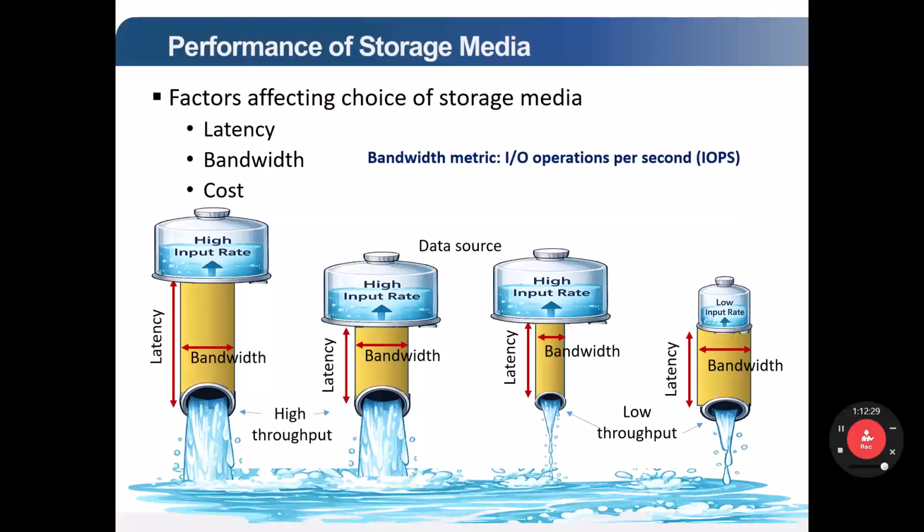Okay? Sometimes people are confused about bandwidth and throughput, but throughput is the metric for the client, and bandwidth is the metric for the device. And you also need to consider cost as another metric. If two devices provide the same performance, then you need to compare the cost of those devices and choose the cheaper one.